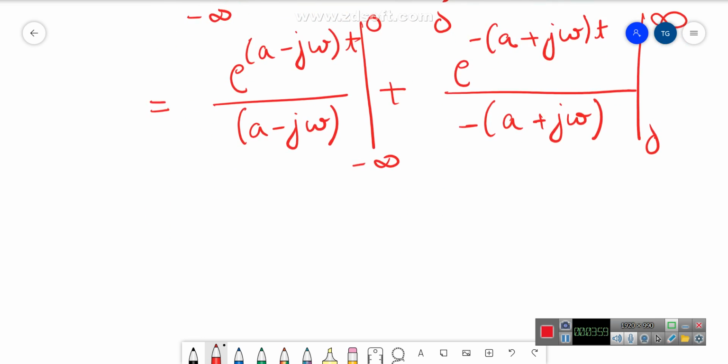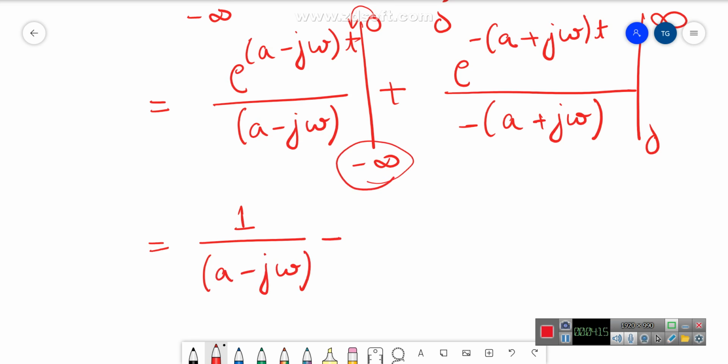So now substituting the limit, when we substitute 0 in the value of t, this will become 1 upon the constant term as it is. Then minus, we have to put the lower limit, that is minus infinity, in the value of t. So this will become e to the power minus infinity, that is equal to 0.